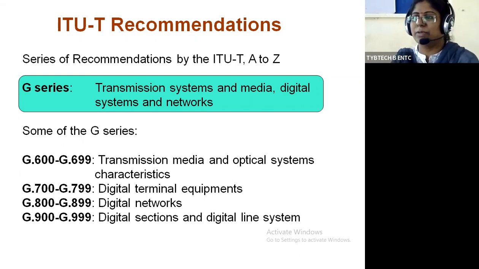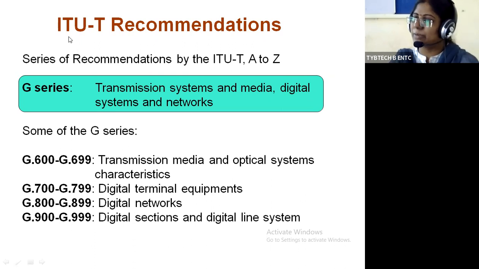For example, if you are developing a product related to satellite, what will be its range? If you are going to do any design, it should be approved by some standard, and that is nothing but this ITU-T. This ITU stands for International Telecommunication Union.